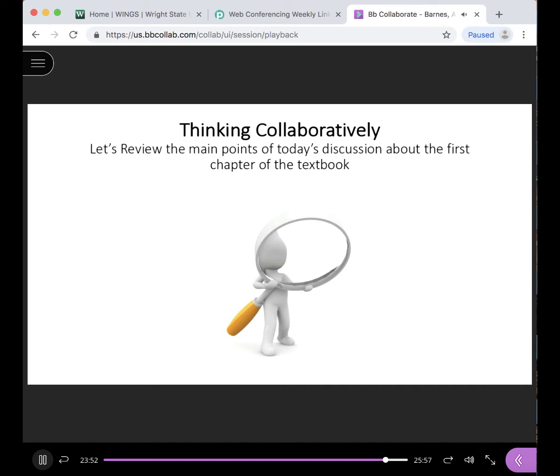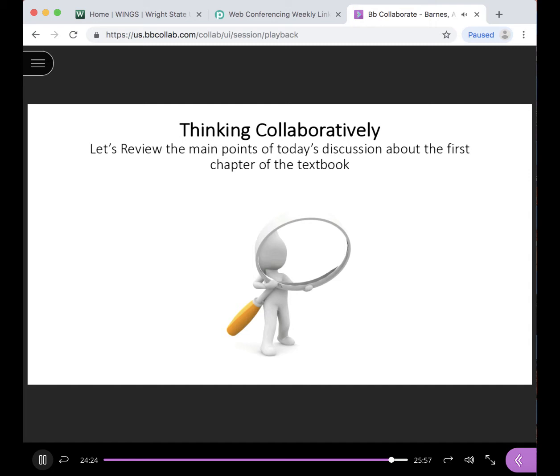We also talked about the role of technology in thinking collaboratively. It definitely has helped to bring people together. Despite geography or even language or any other limitations or barriers, through technology, you can communicate with people everywhere. You can also use technology to enhance other types of collaborative approaches.